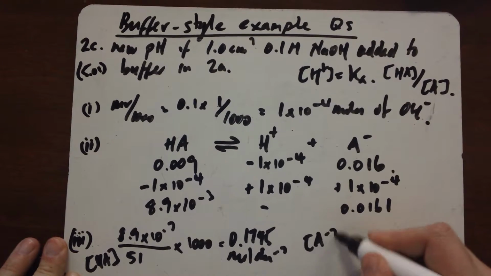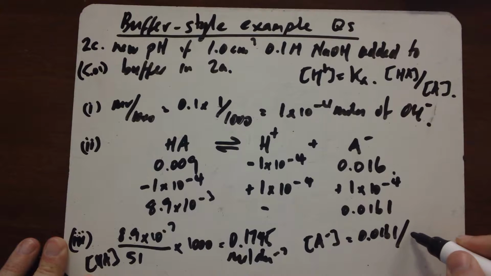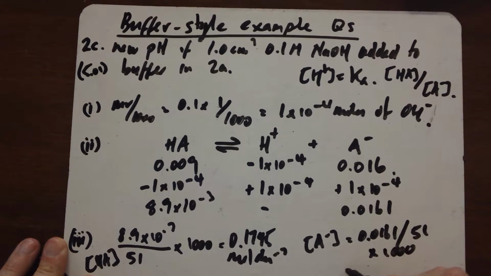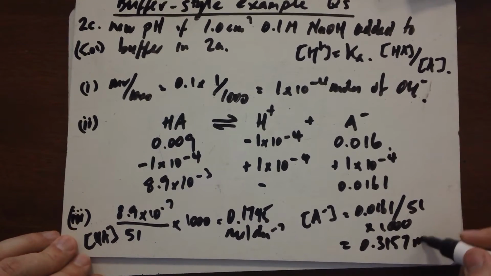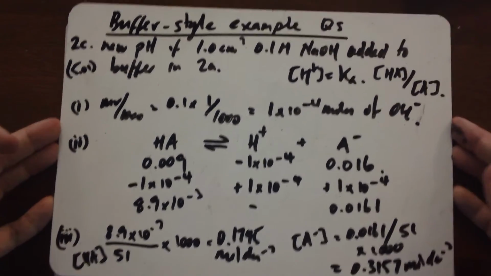The concentration of A minus is going to be 0.0161 over 51 times 1000, and we get 0.3157 moles per decimeter cubed of A minus.